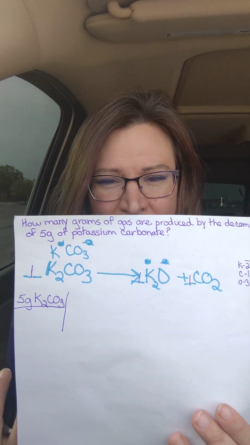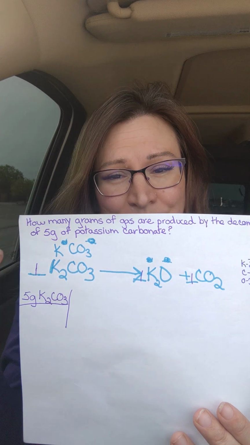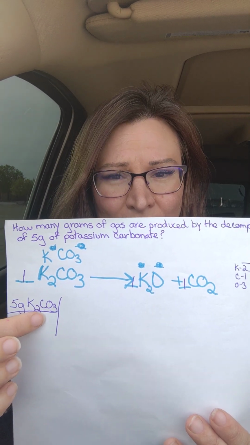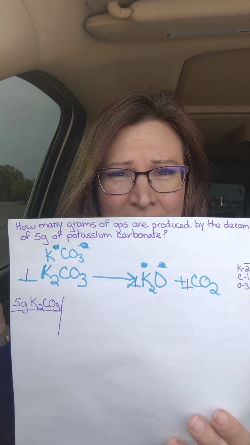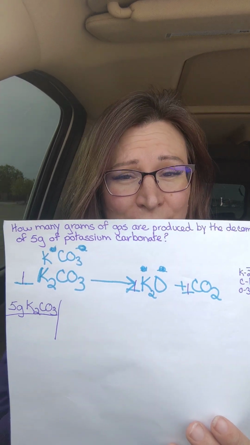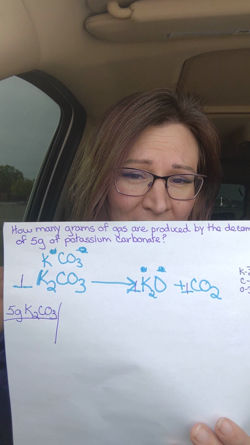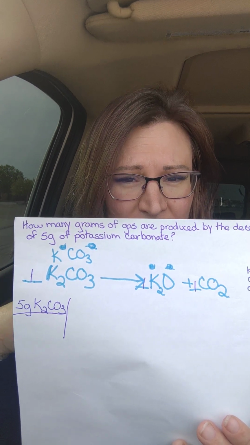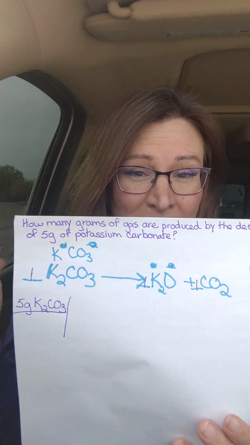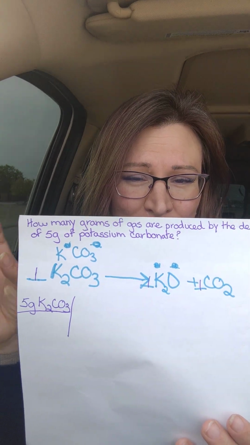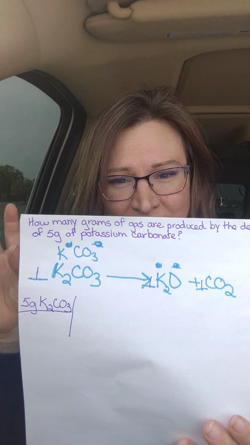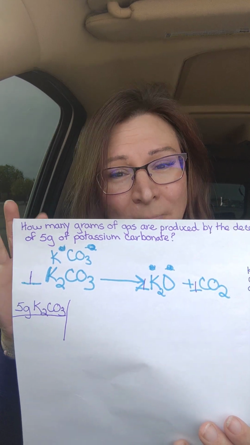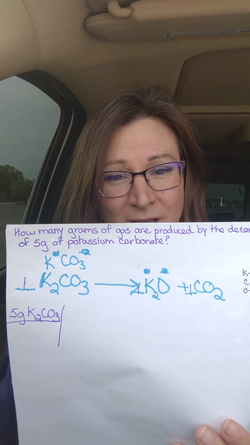All right, so again, I always say start with what you know. We know that we have 5 grams of potassium carbonate. To move forward from there, what else do we know has grams in relation to potassium carbonate? The molecular mass. We know that so many grams, when we add all the atomic masses together, equals 1 mole of that compound.